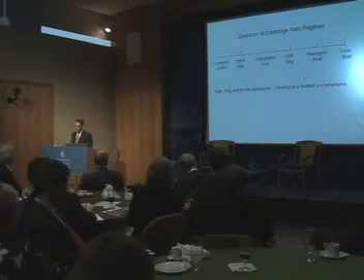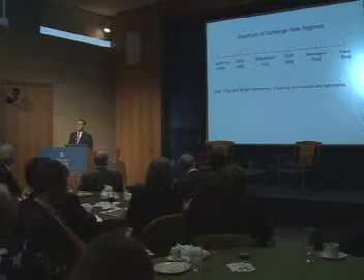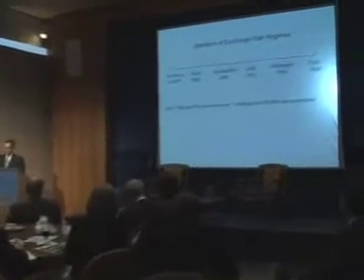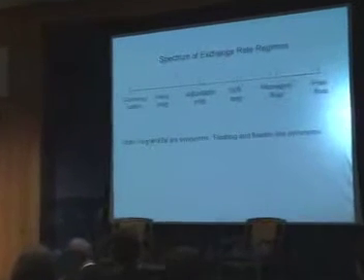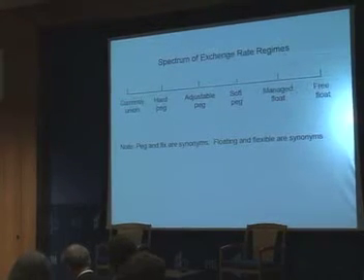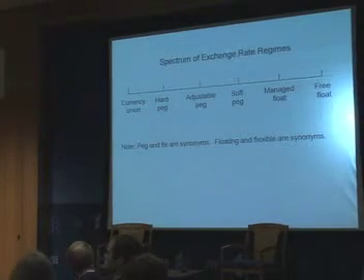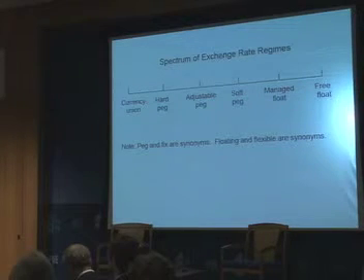Now, I'm going to talk casually often of fixed versus floating exchange rates. But of course, in reality, there's a spectrum of exchange rate regimes, ranging on the left from a currency union, which is a completely fixed exchange rate in which you actually throw away your currency and join with your neighbors in a common currency, most notably in the euro area.